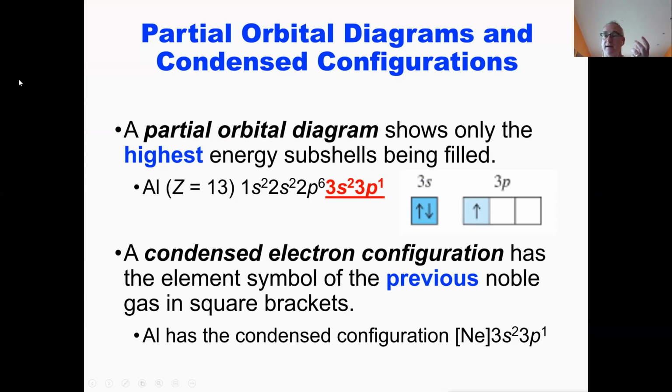one of the things we looked at in the last class is that once you get into these really big elements, they have a lot of electrons. It becomes really difficult to write down every single electron, starting at 1s, and then 2s, and then 2p, and 3s.